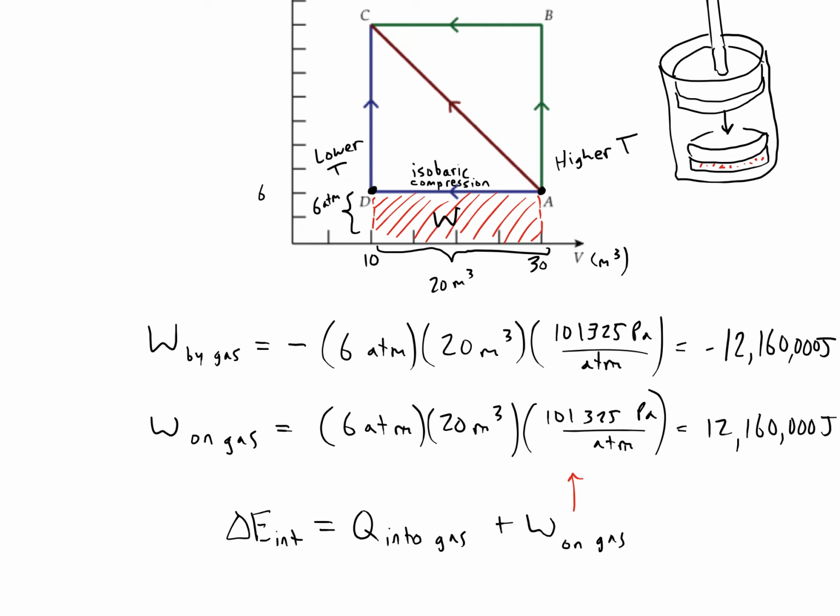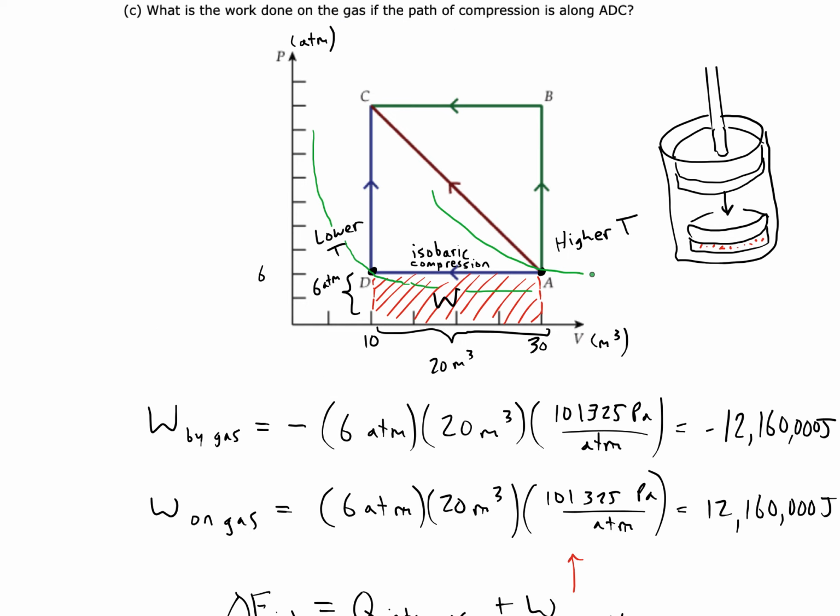And what isotherms are is they show us regions where we're at constant temperature. But they always fit like a 1 over x type of shape. They're this kind of curve. And so whatever the temperature is at D would definitely not be the same temperature at A. It would be something else. So this is a higher isotherm than the other one. So that just means A is at a higher temperature than D.